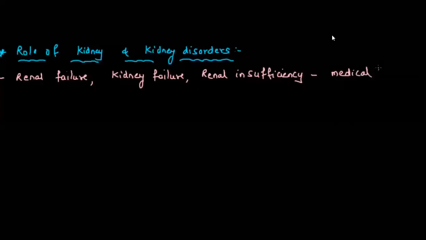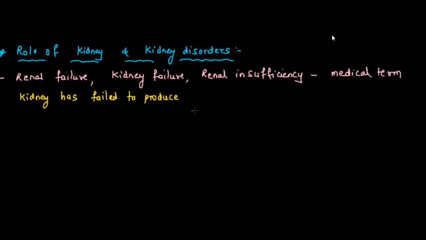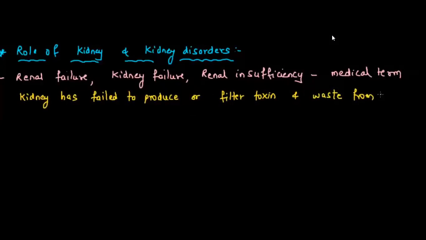These are medical terms. When a doctor says renal failure, kidney failure, or renal insufficiency, it means the kidney has failed to filter nitrogenous waste and toxins from the body. That's why the kidney has become insufficient.